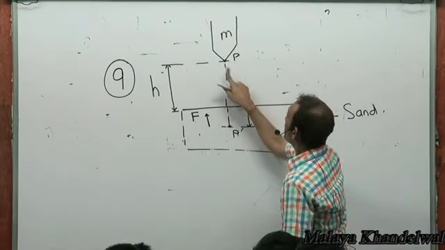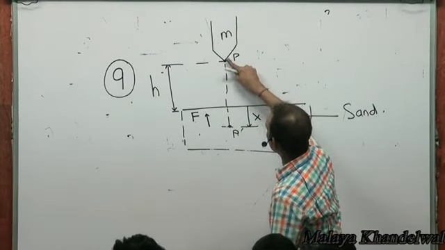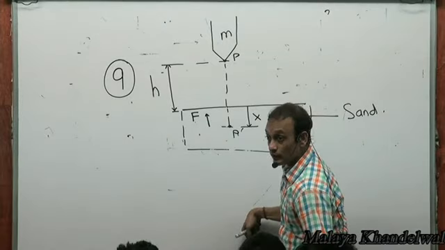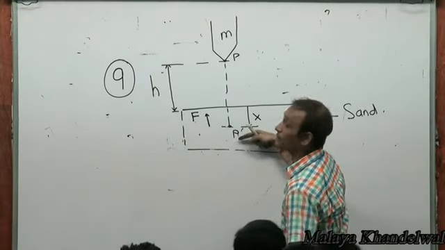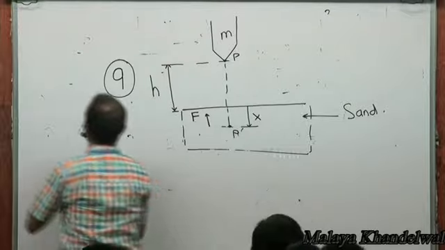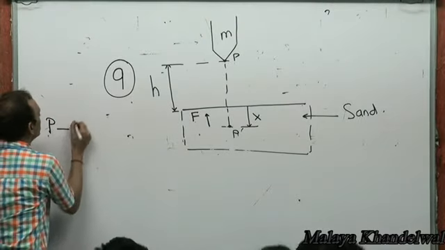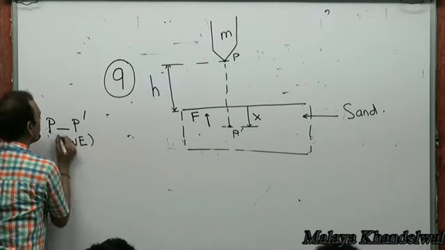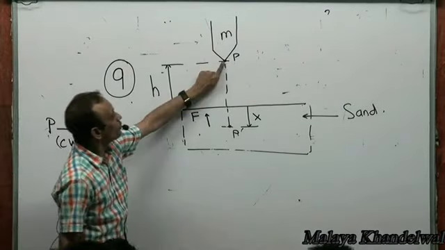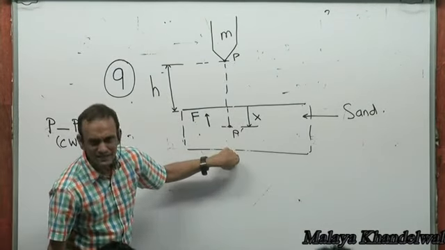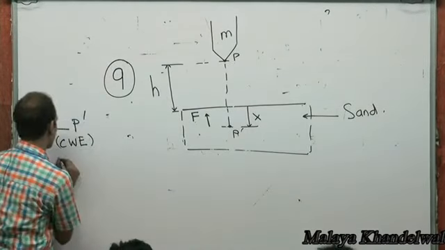And during this entire journey from P to P prime, mg is acting downwards. So between P and P prime, I'm going to deploy the classical work energy theorem. So mg has been acting downwards all along. So mg into (h plus x), that's the work done by gravity.